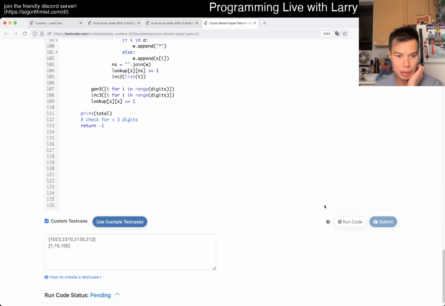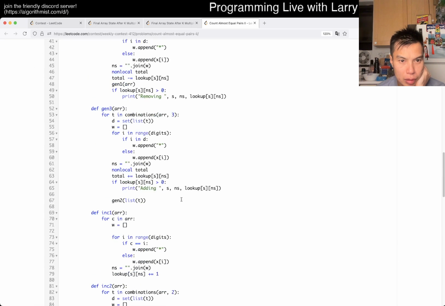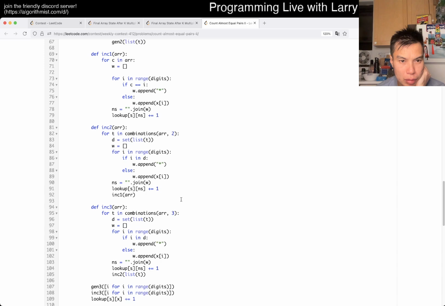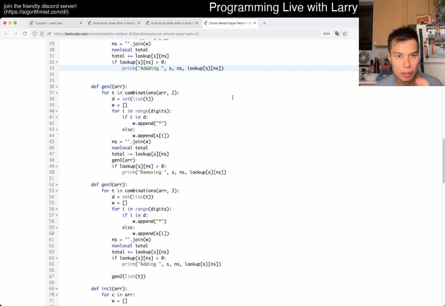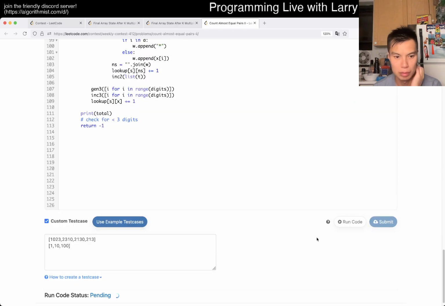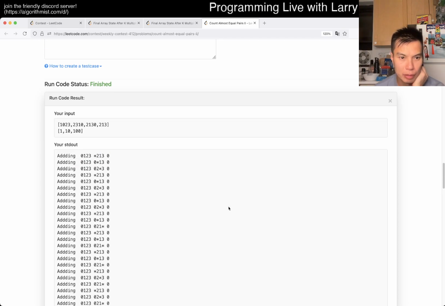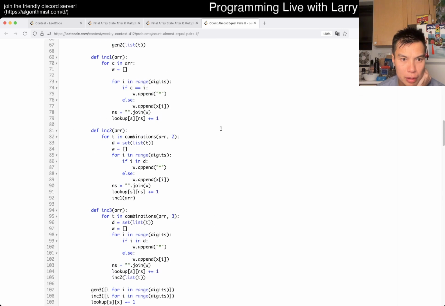I thought this would be a general idea, but somehow it is all zeroing out. Okay, it seems to be generating the right things. This should be incrementing.